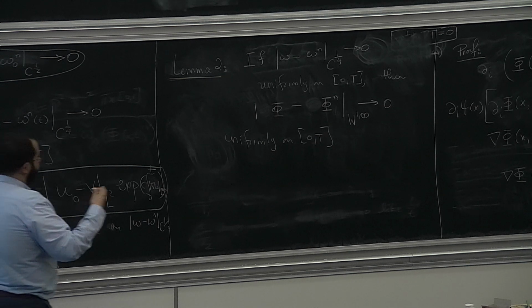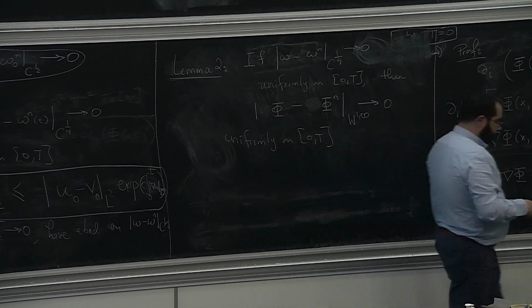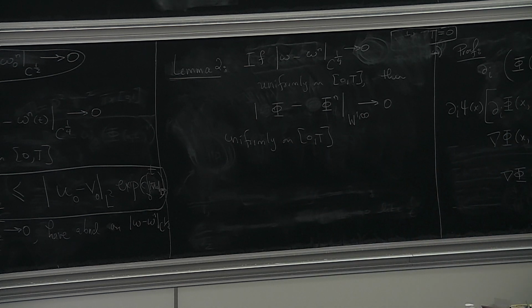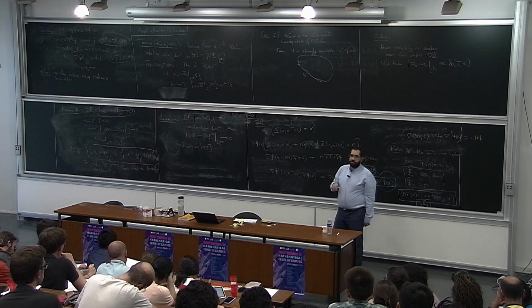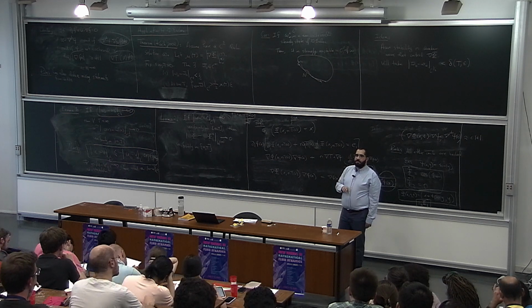Convergence in C1 of velocity is given by the vorticity. So it's just an ODE argument. Okay, make sense?